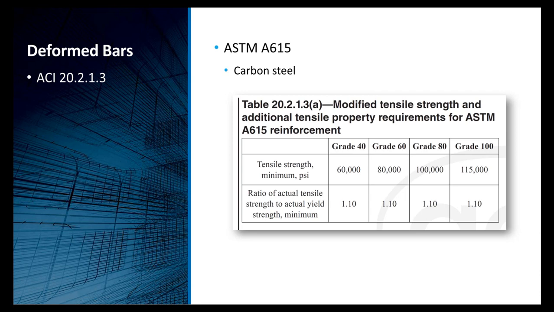So if you were to specify, for example, ASTM A615 grade 80 for a project, then you can specify that using the exact document itself. Prior to around 2020, 2021 or so, those specifications were not available, but they were incorporated into the body of the code.